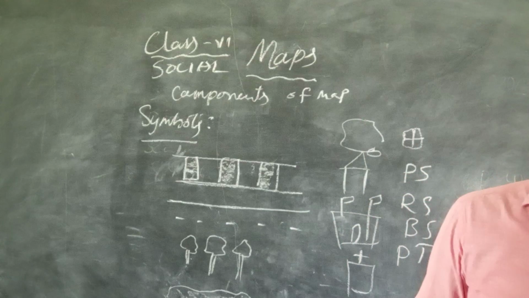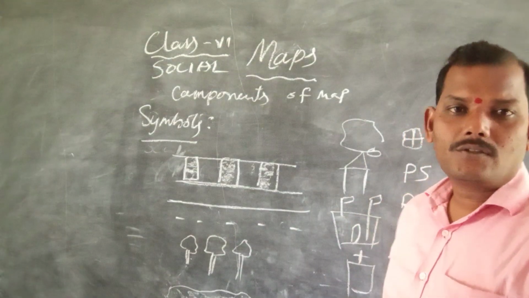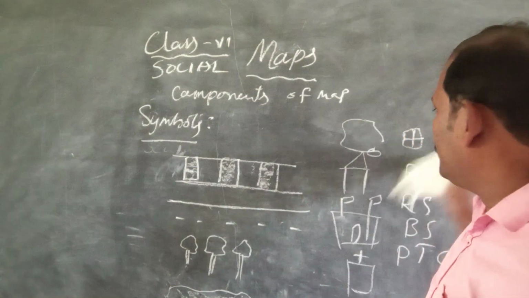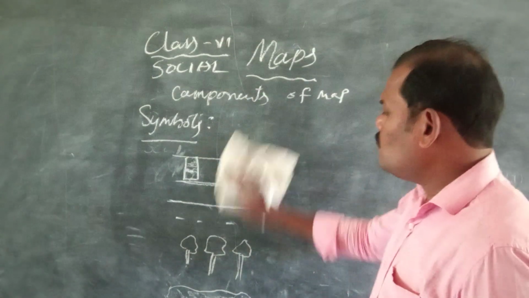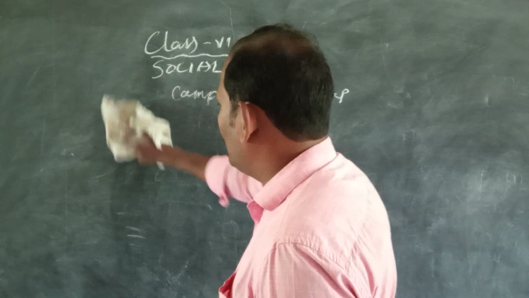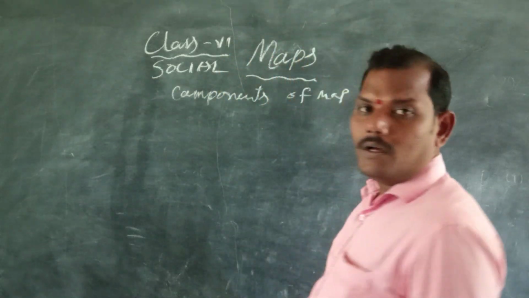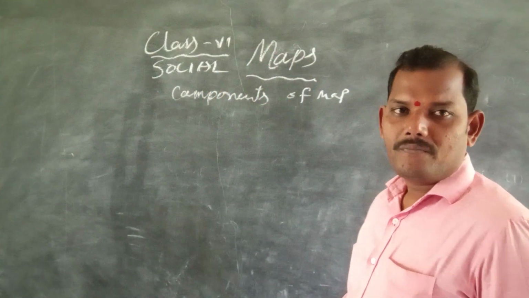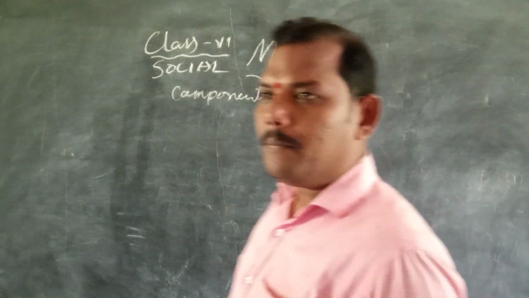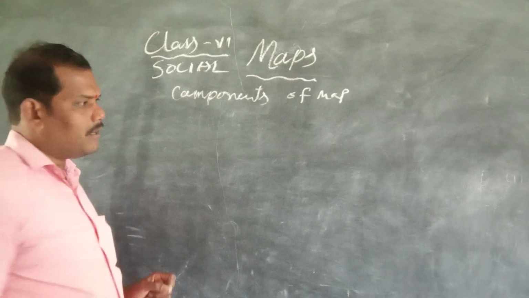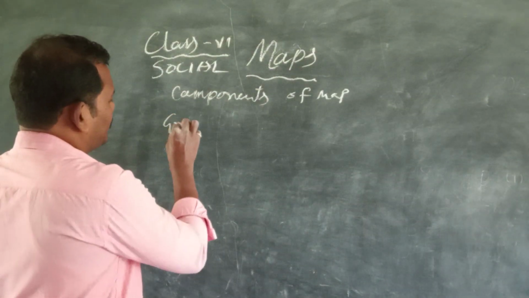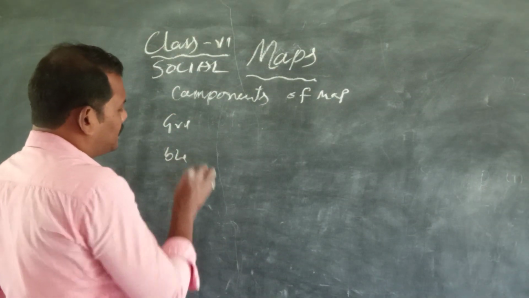Another component is colors. Colors also help to read the map. Generally, we see different types of colors in the map, like green color and blue color.